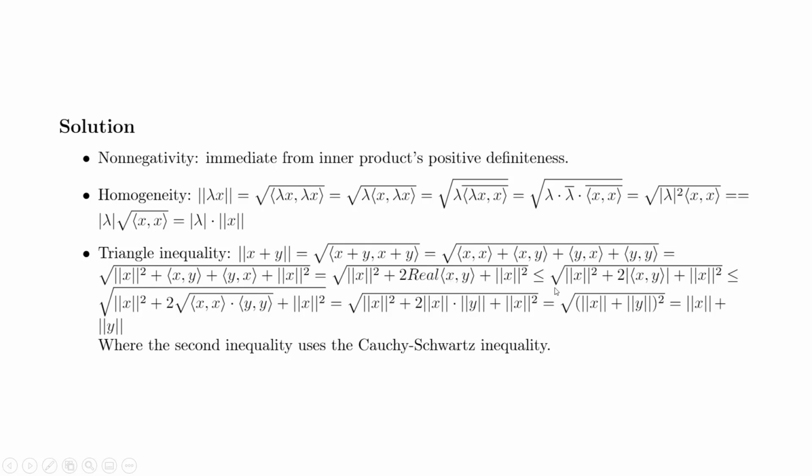This is smaller than 2 of the absolute value of the inner product of x and y. And that would be smaller than 2 of the square root of the inner product of x multiplied by the inner product of y. We did this transformation using the Cauchy-Schwarz inequality. The rest is fairly trivial, and then we get that this is equal to the norm of x plus the norm of y.